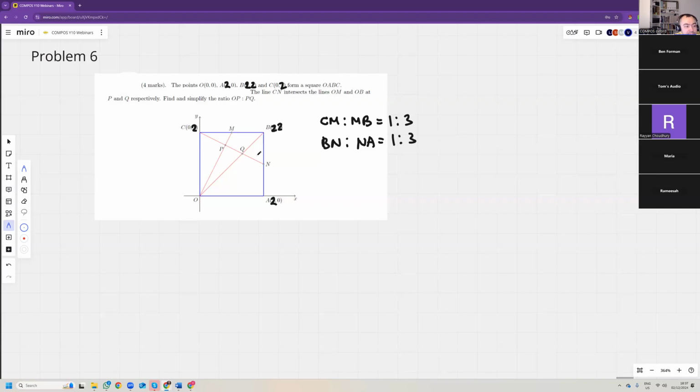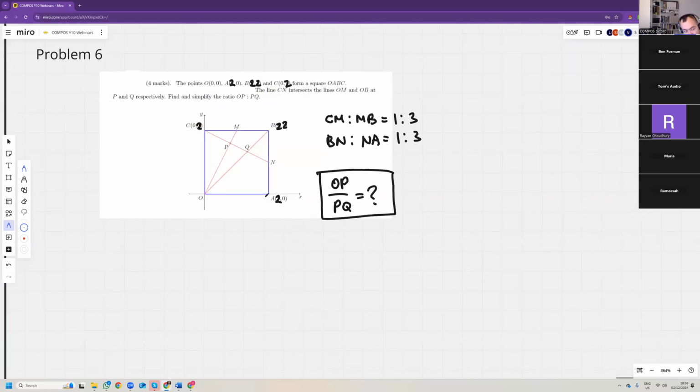CM to MB is 1, 2, 3. BN, yeah, okay. So all we need to find is OP to PQ. OP to PQ is question mark. That's what we need.